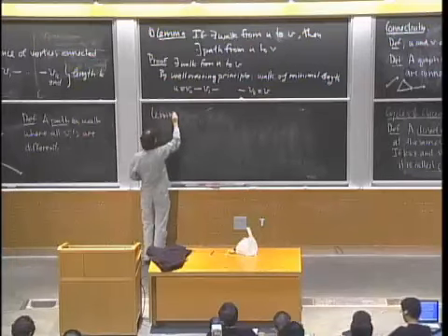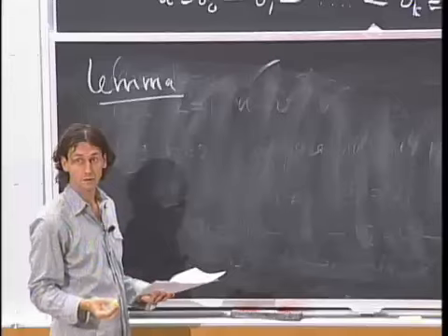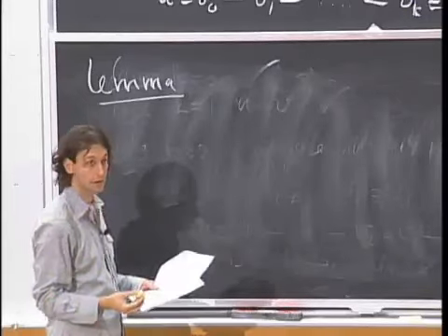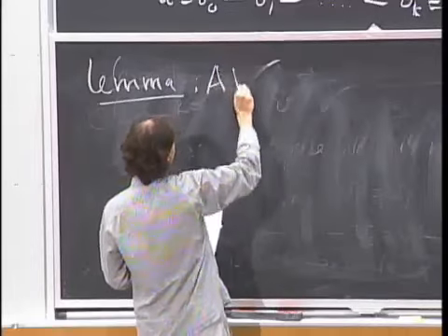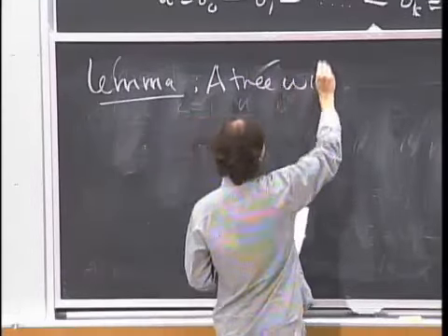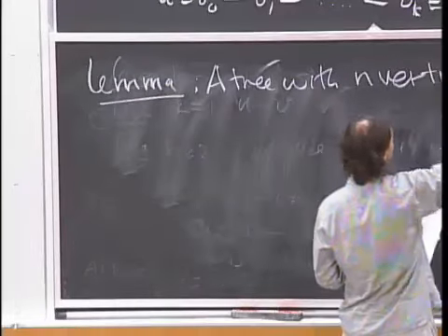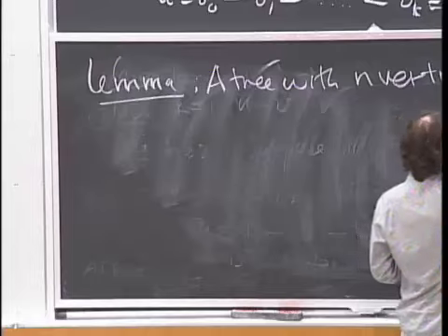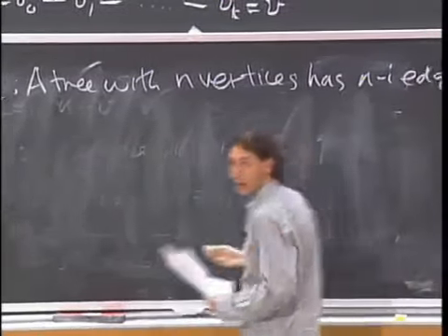The lemma states that if you have a tree that has n vertices, then it must have n minus 1 edges. So there's a very tight relationship here. A tree with n vertices has n minus 1 edges. So let's see, how can we prove this one?